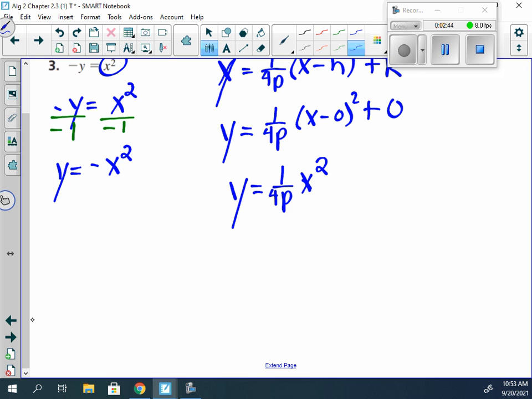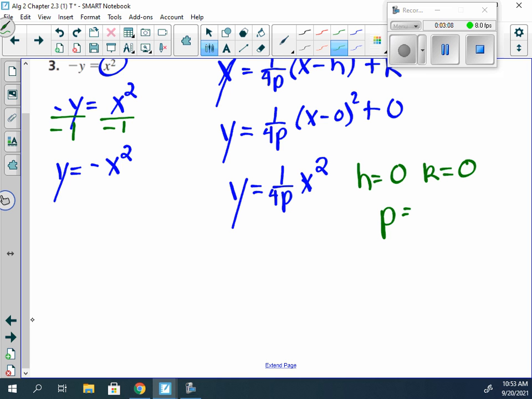Now, we have the values of h and k. h is equal to 0, k is equal to 0, and we still need to find the value of p, because the only one we're missing is p.